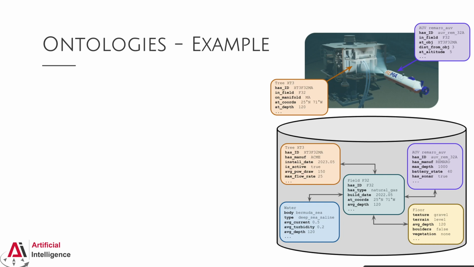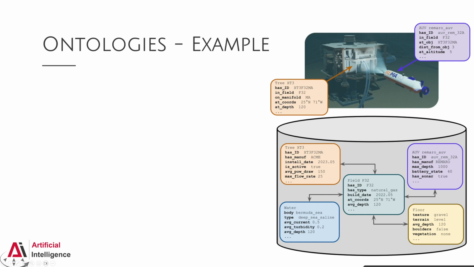So here's an example of how an ontology will look like in this case. We can see that on the top image, we have the robot, which is defined in the ontology with various attributes. And here we have the AUV, REMARO AUV, and it has an ID. It has other attributes called infield, at object, distance from object, with other information.